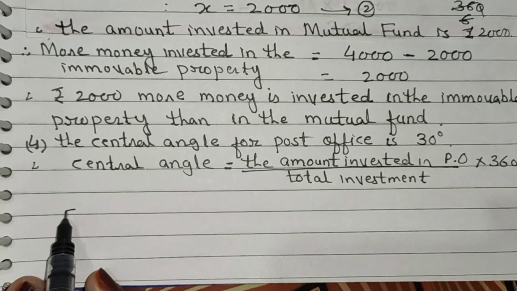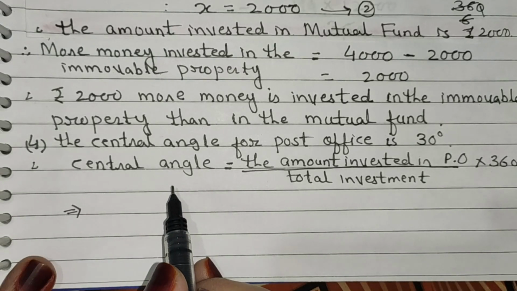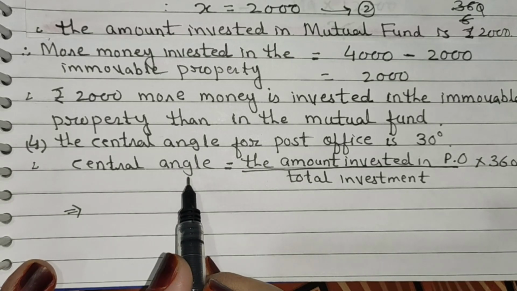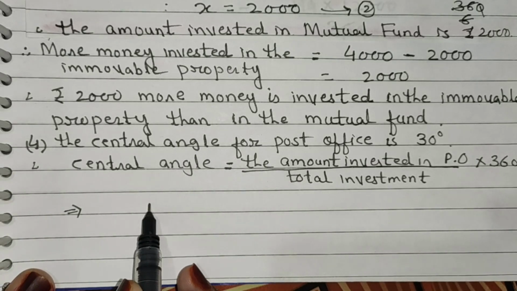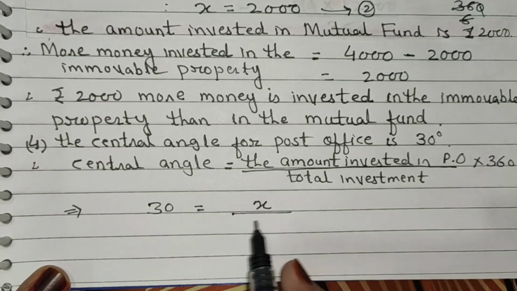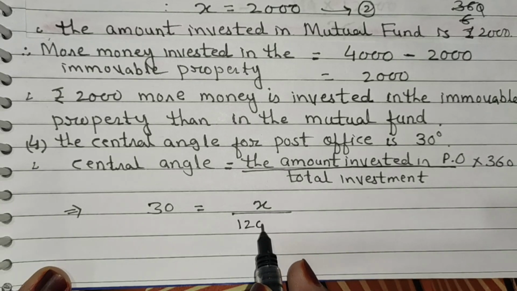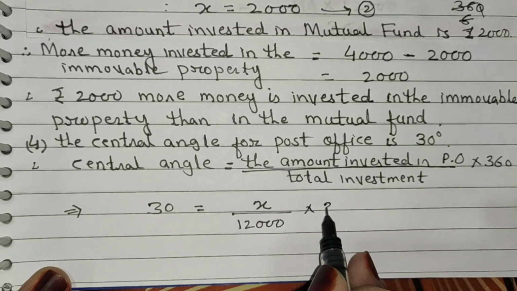Now substituting all the values we get here. The angle given here is 30 is equal to, let us consider the amount is x, upon total investment 12,000 multiplied by 360.